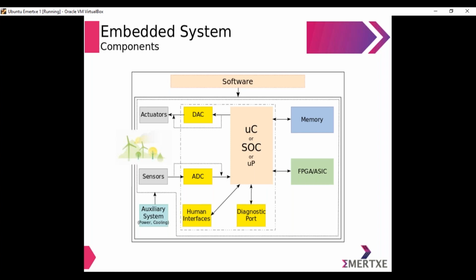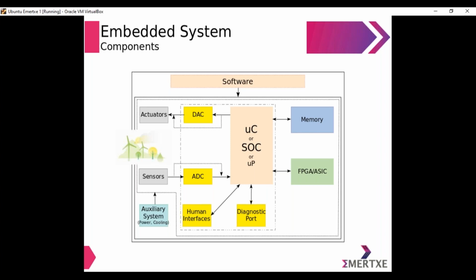And these are the important components of the embedded system. Is that clear? Any doubt till this? Okay, so this completes the next topic, which is the embedded system components. Let us move to the next.